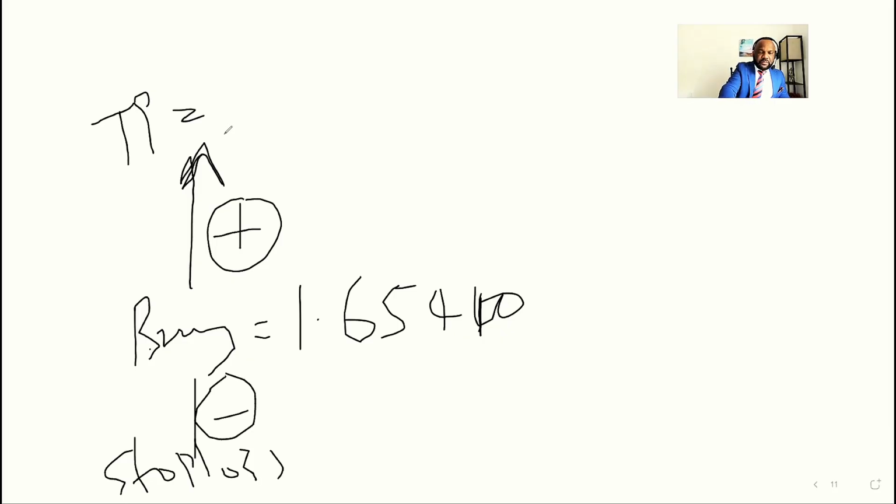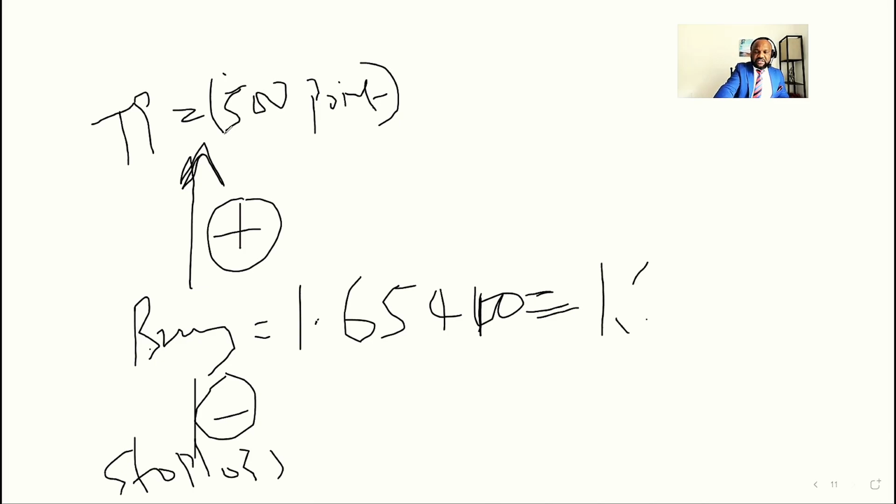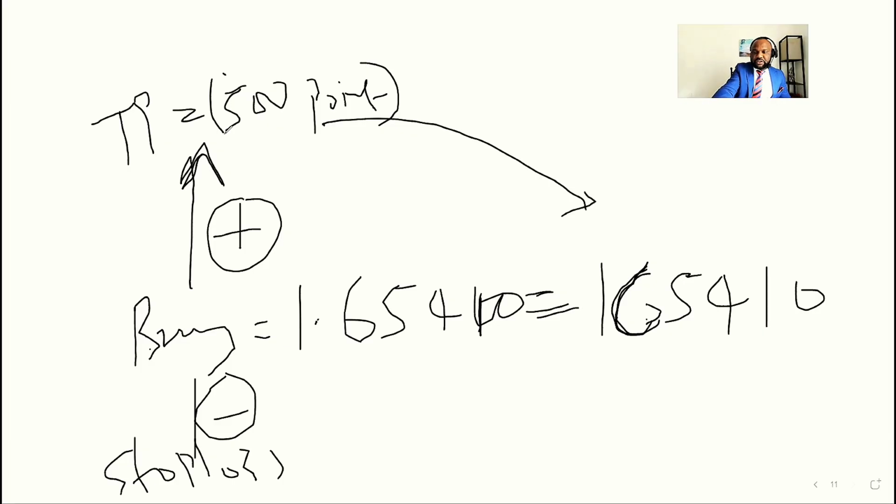So if you're going to add, what did you say you should do? 500 points. So they wanted 500 points. You have to change this first to point levels. That means you remove the decimal dot, so it's going to be 165410, because otherwise your calculator will not know what you're trying to do. Then you can now add 500 to it.